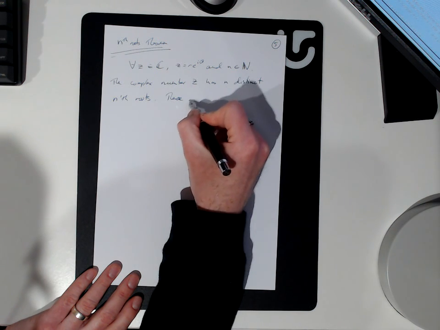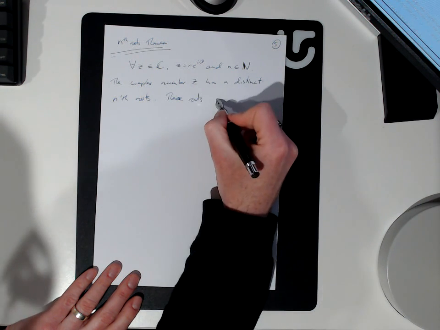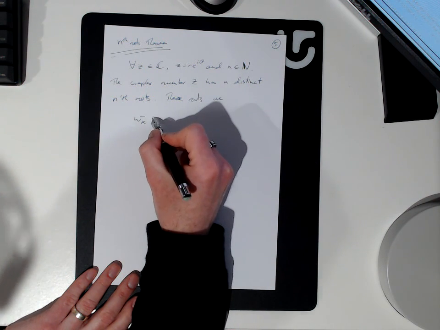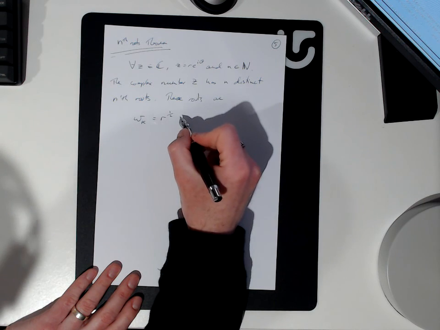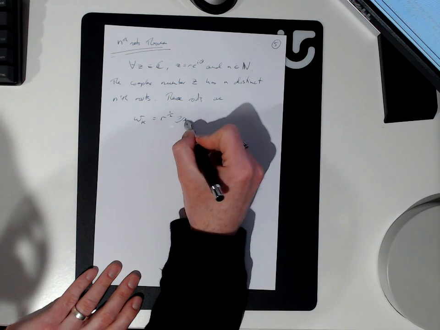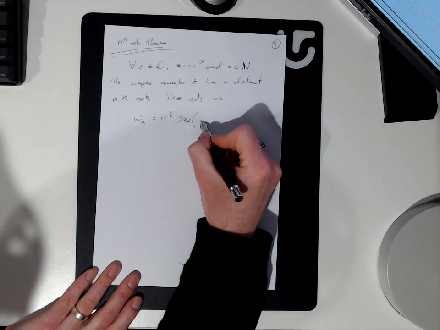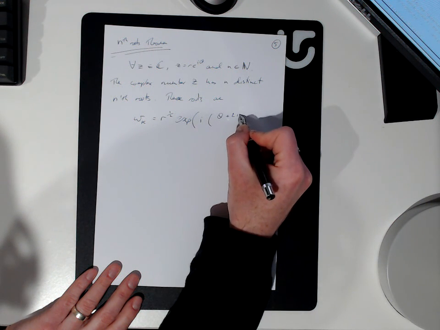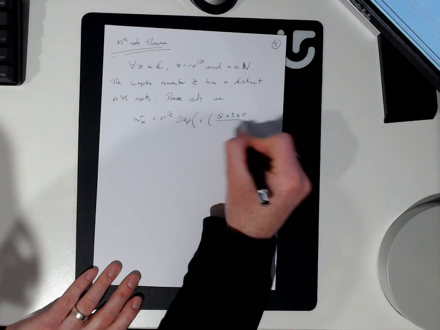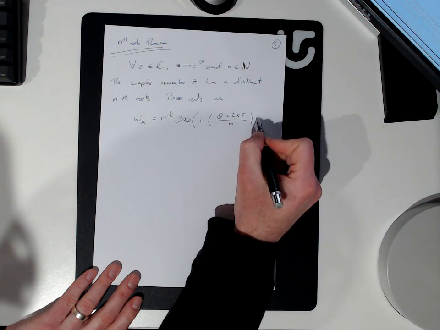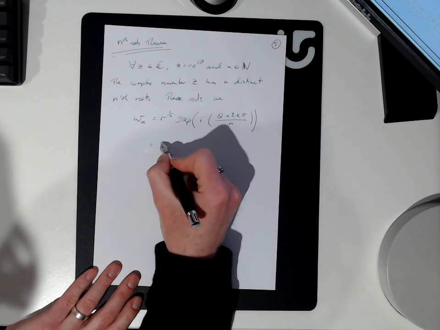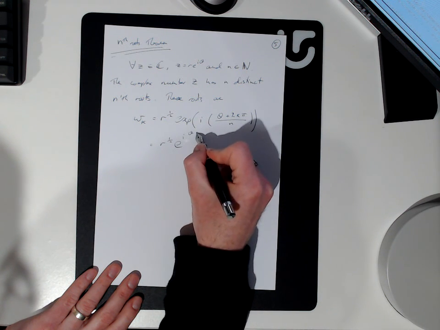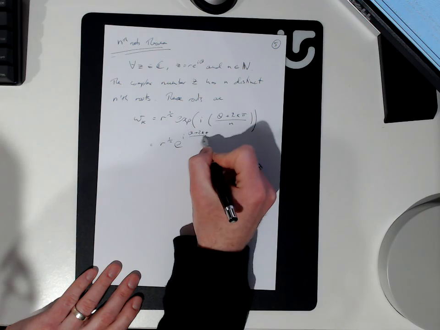These roots are omega k equal to r to the 1 over n times e to the i times theta plus 2k pi over n.